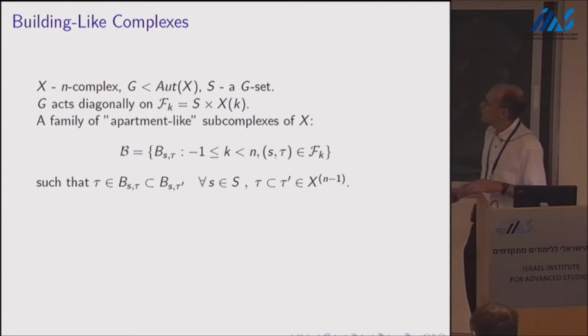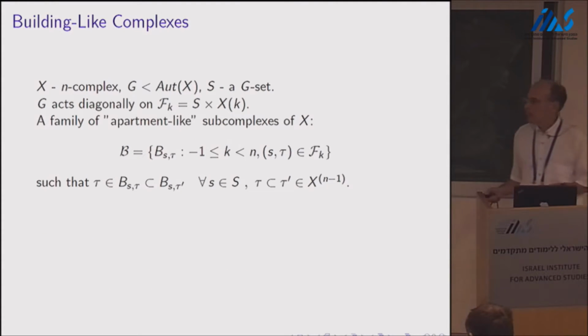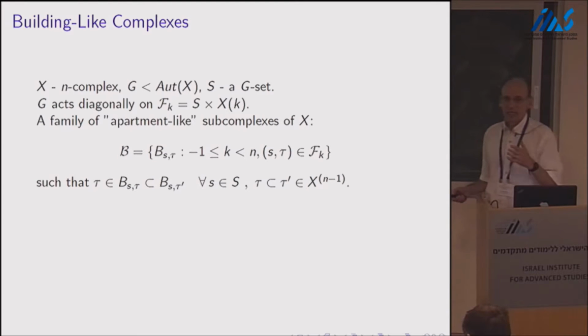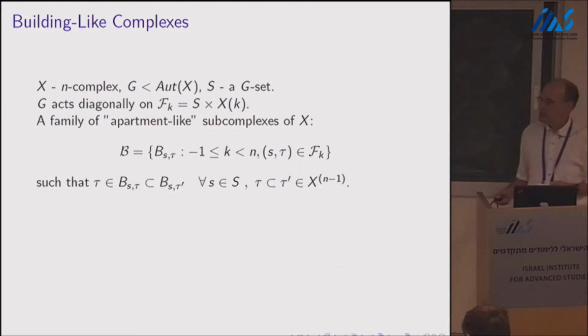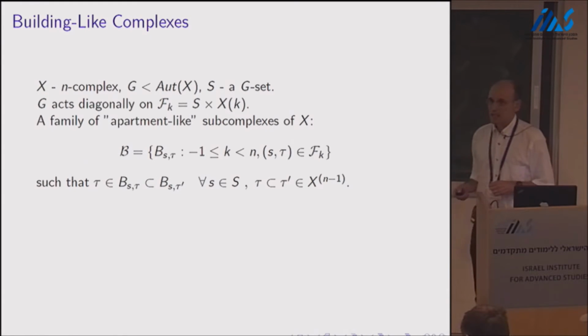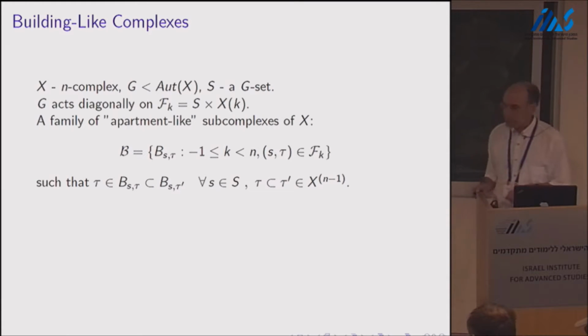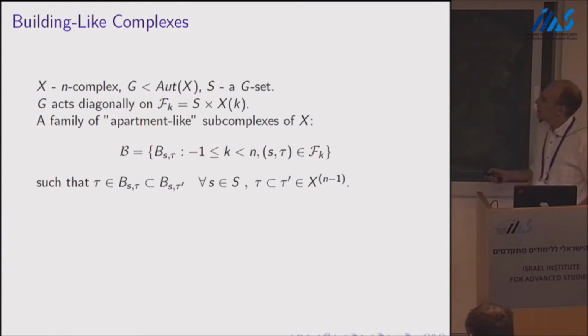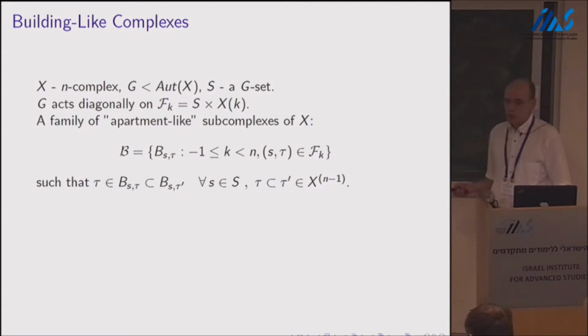So now let me first talk about some method of finding the expansion of very common complexes like matroids and buildings, compact buildings, spherical buildings. And this method is due to Alex and myself and Shachar Moses, and is motivated by work of Gromov, and we work on some complexes that are called building-like complexes.